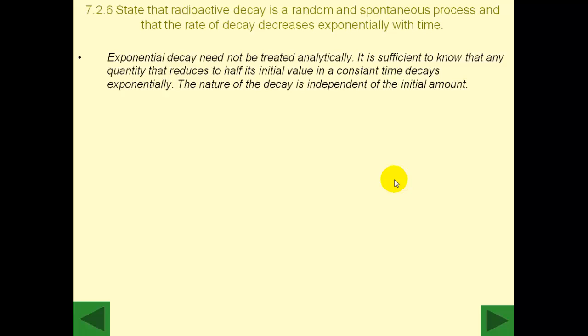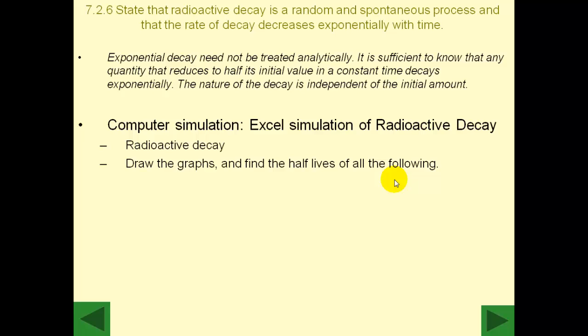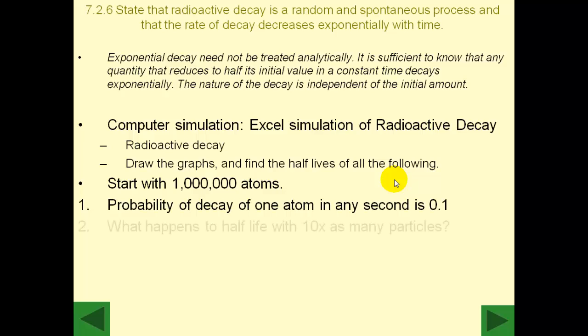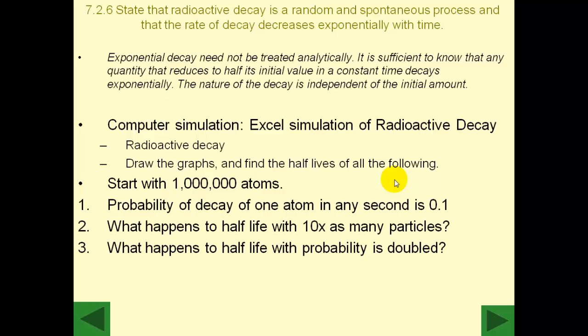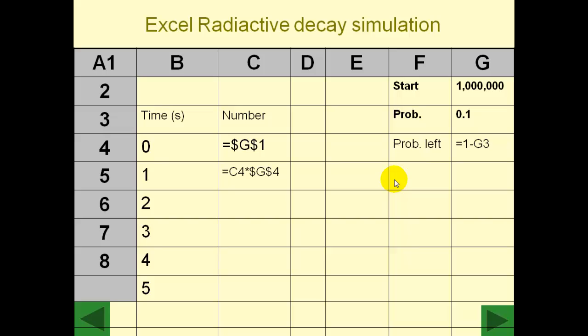And this half-life is independent of the original number of particles. In class we can do a simulation of radioactive decay. We use it on Excel, and this is how we would use it.